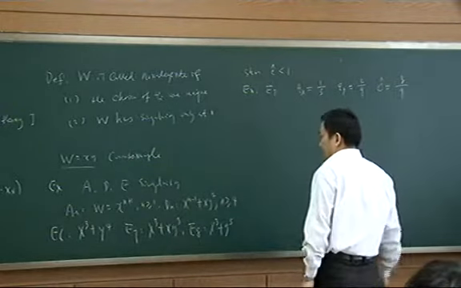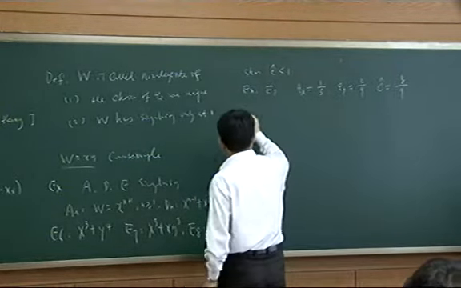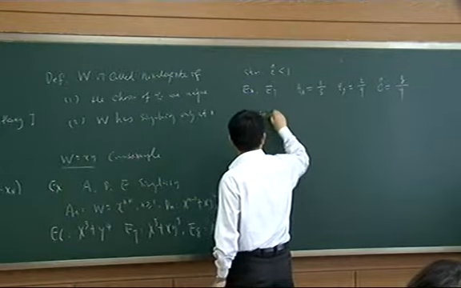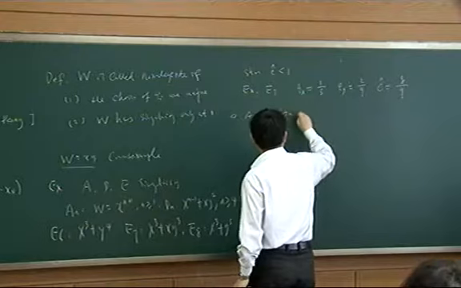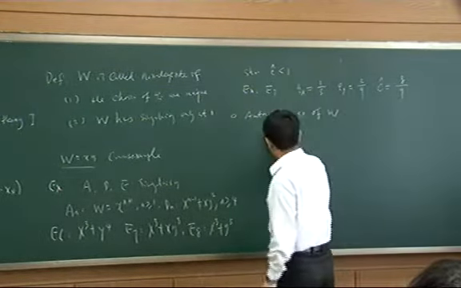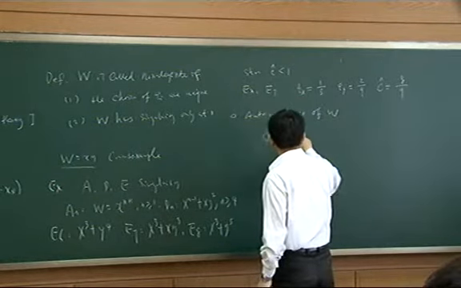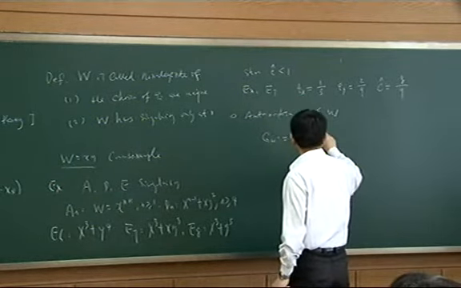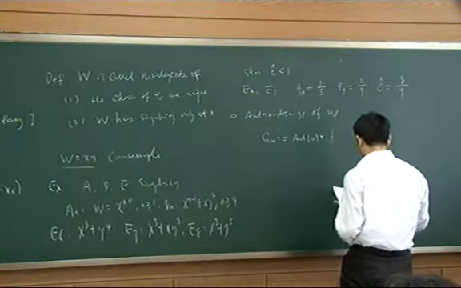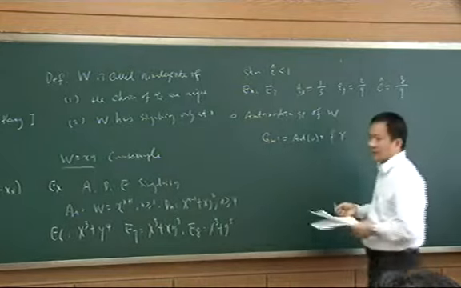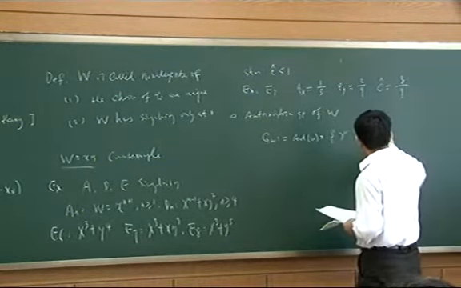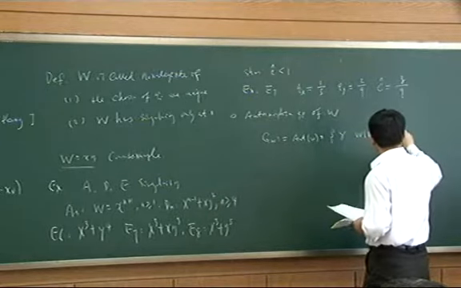Another ingredient in this theory is the automorphism group of W, defined as G_W. It consists of diagonal matrices such that this equality holds.